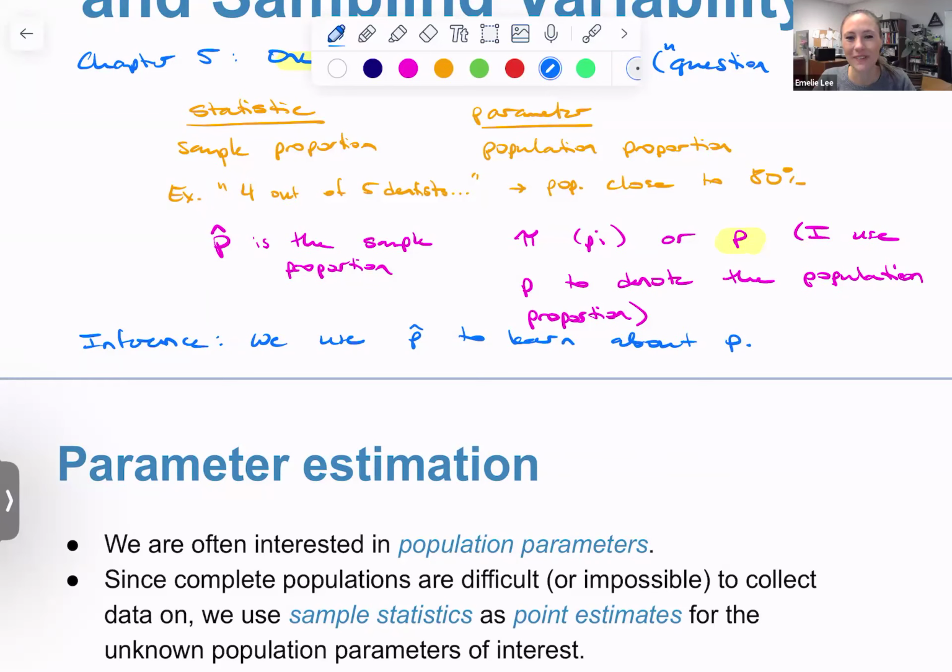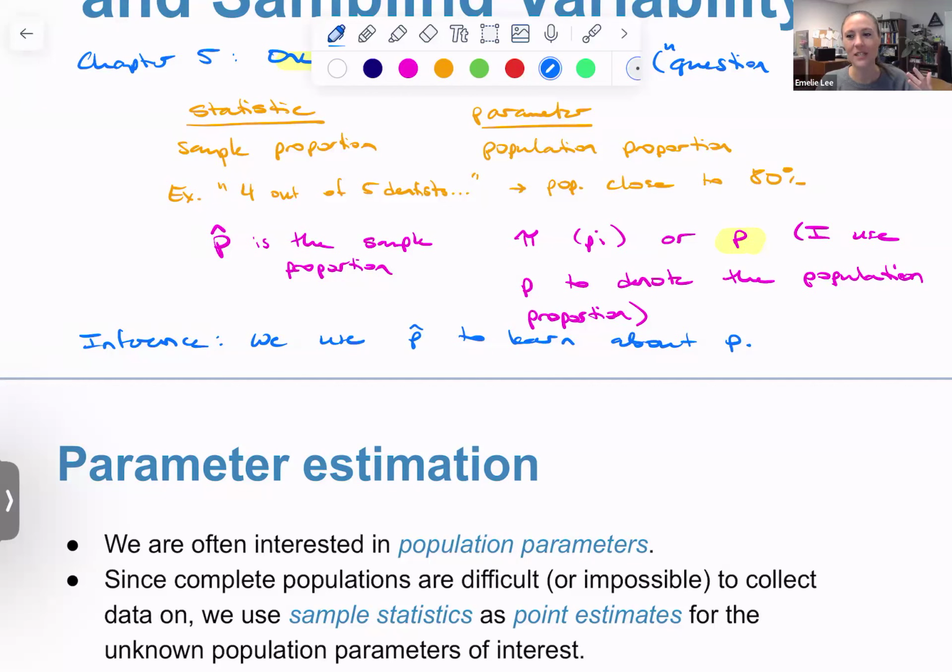Now, there are 2 different things that we can do with trying to learn about p. We can say, okay, I have this sample proportion. How about I build some bounds around this thing? Because I understand that this is going to change every time I take a new sample in theory, right? And so we kind of build a buffer around this estimate.